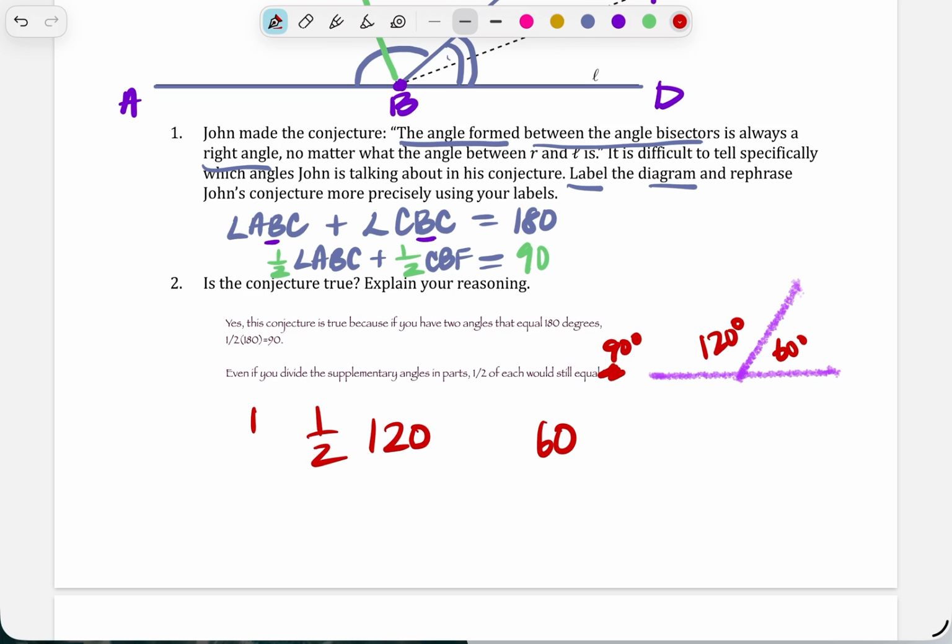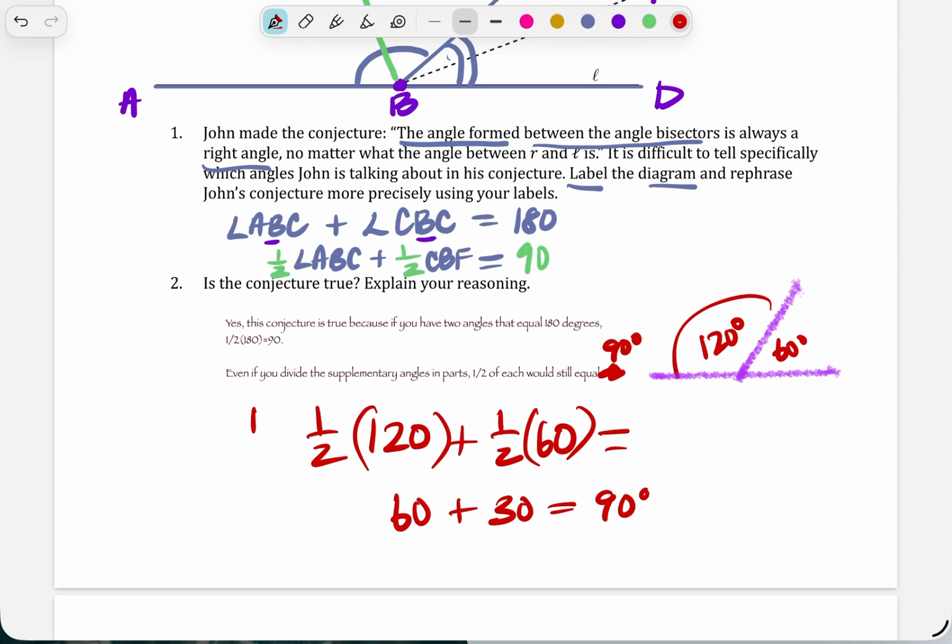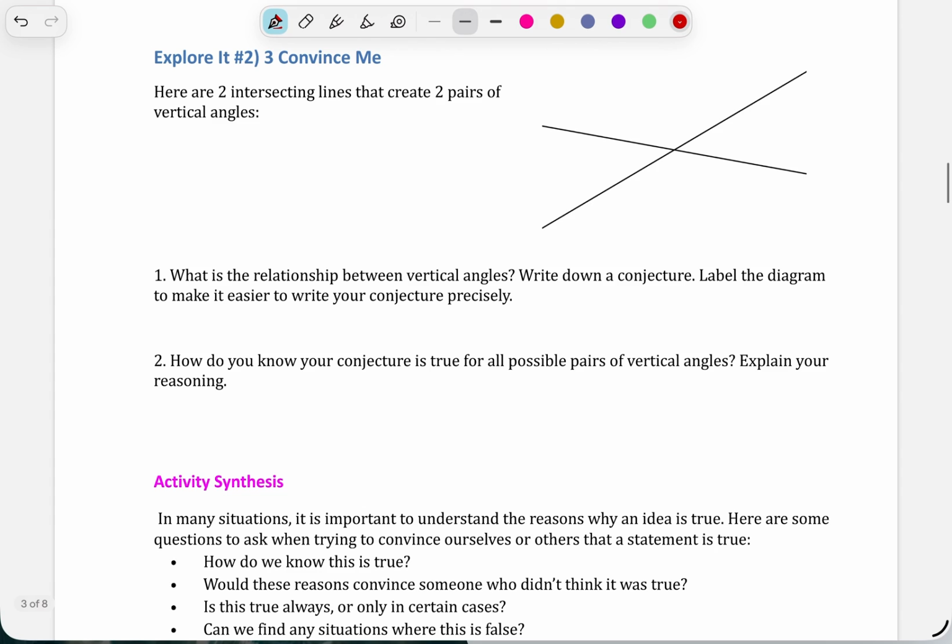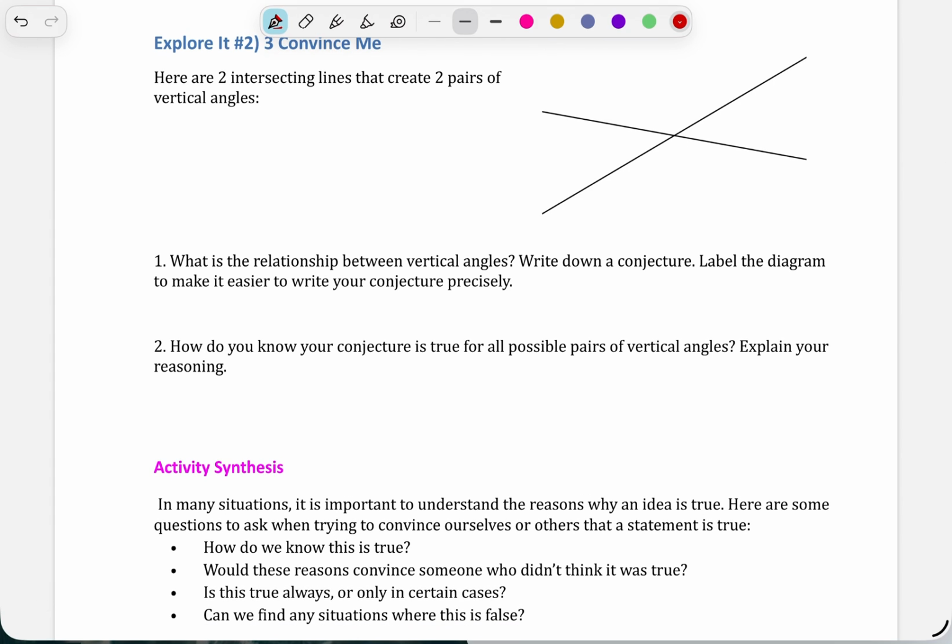So let's take half of these and see what it's equal to. Half of 120 is 60, half of 60 is 30. Look, we get 90 degrees. So choose any value of supplementary angles and this conjecture will be true. Let's move on. All right, explore number 2.